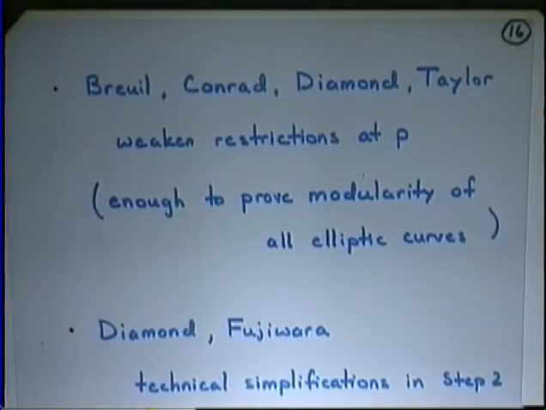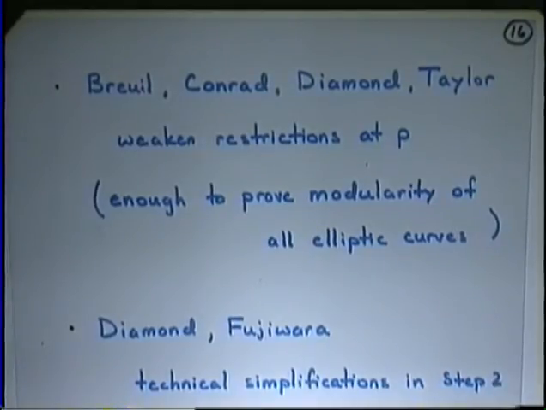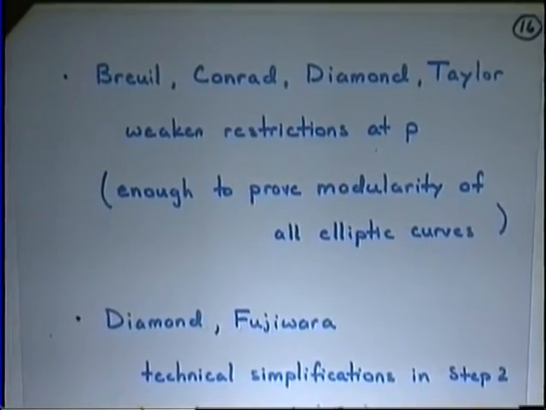And they were able to prove that elliptic curves that become semi-stable over a tamely ramified extension at 3 are modular.